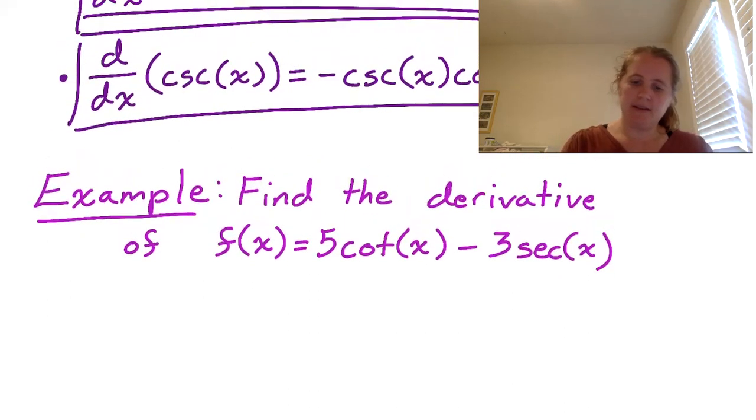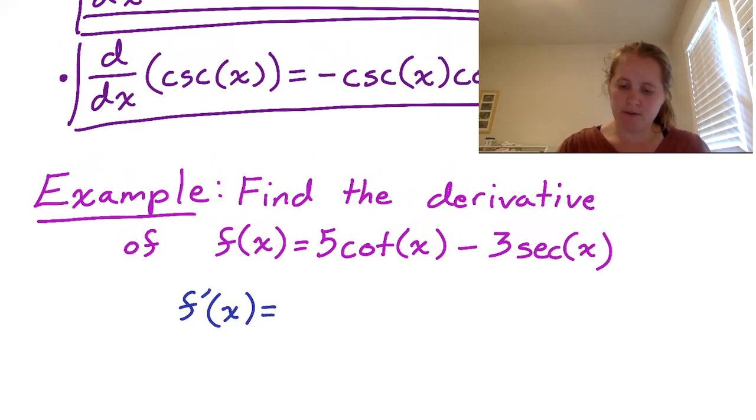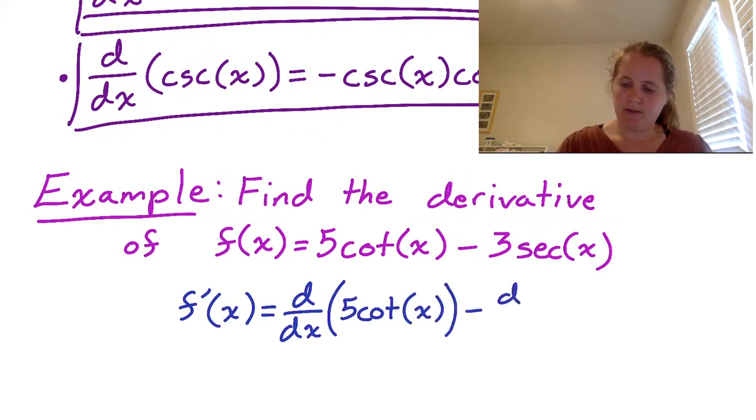Well, this is the same thing as f prime of x equals, we can do 2 separate derivatives, right? So we'll do the derivative of 5 cotangent of x minus the derivative of 3 secant of x.